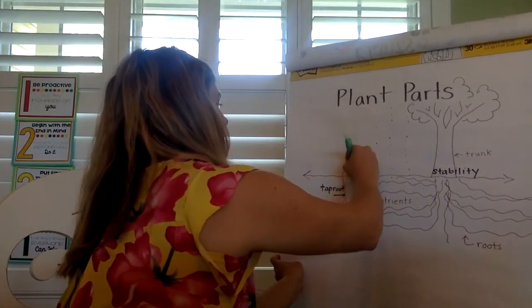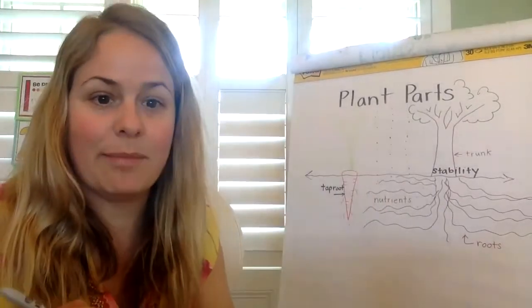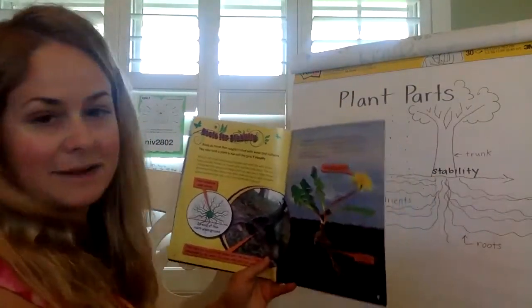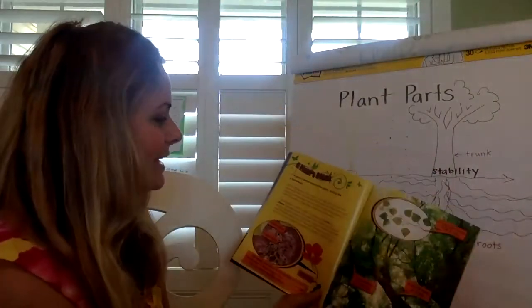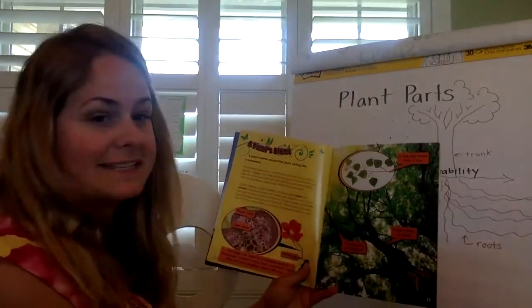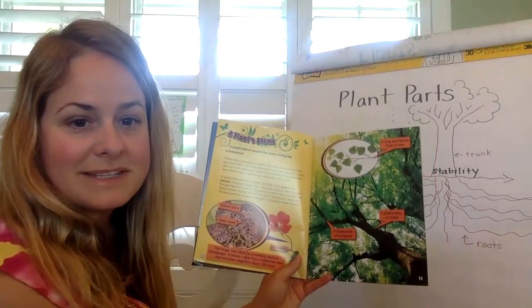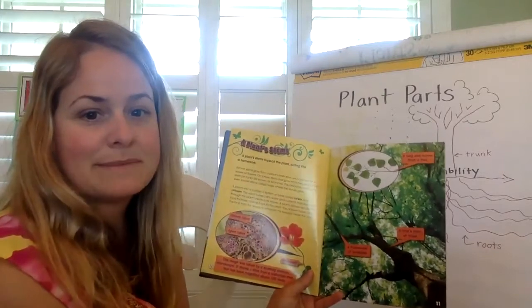So just to give you an example of what that plant looks like above ground. If it was the dandelion, it would have the flower and leaves. This page is about plant stems, and so we'll stop here and continue tomorrow with more information about stems.